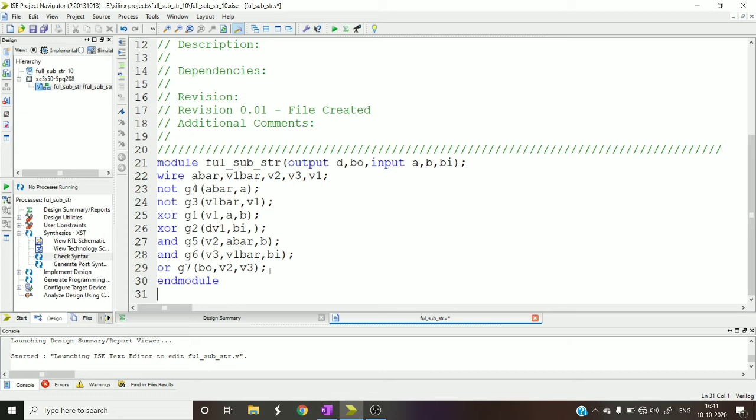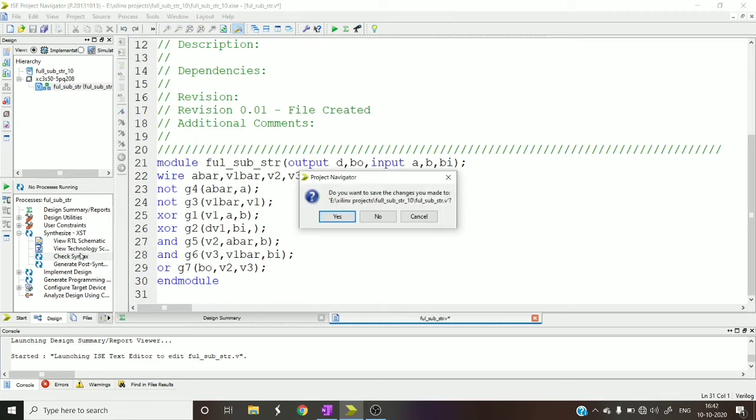But to get an optimized circuit, because in the structural level you are designing on your own about each and every gate, that means you have a thorough idea about each and every gate. So if you want any power optimizations, you can prefer this. But usually, for ease, you should always habituate to write the Verilog code in either the behavioral level or the data flow level of abstraction.